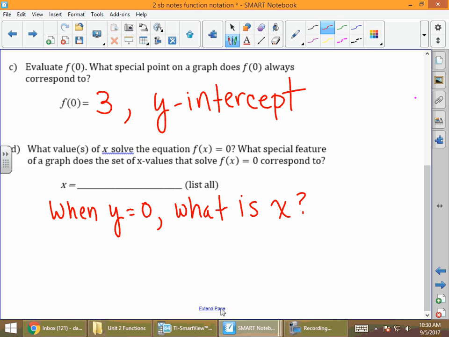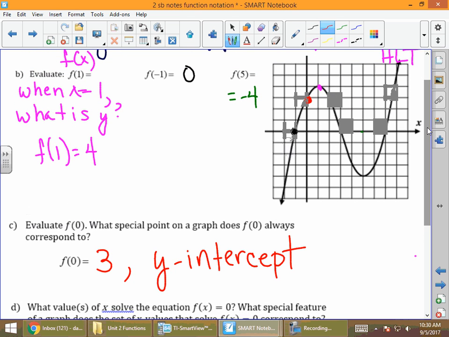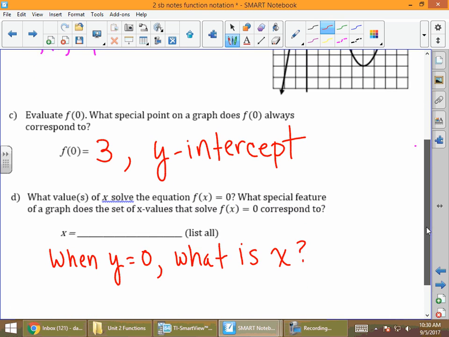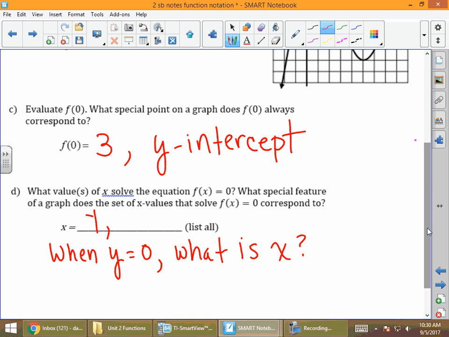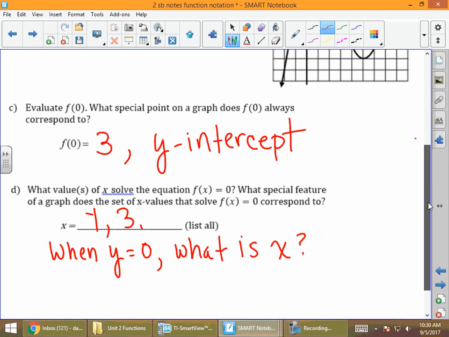And if we go back and look at that picture there, it says list all of them. Well, here's a place where y equals 0. Here's a place where y equals 0. There's a place where y equals 0. You don't have to list them in the same order as me, but make sure that you have all of them. In this case, it's -1 and 1, 2, 3, 4, 5, 6, 7.